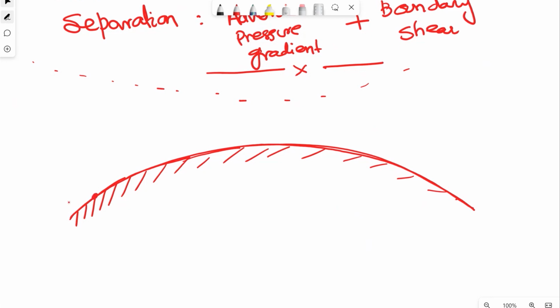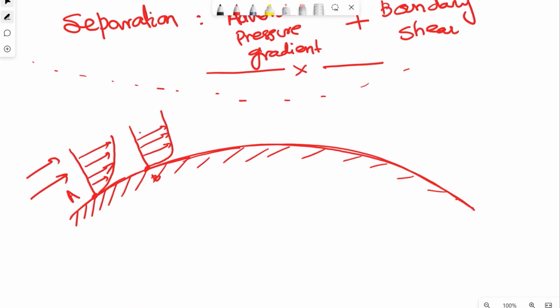If I take a point A here, this is how the flow is. If I see how the velocity distribution is, this is how the velocity is. Then if I go to another point B, it is becoming almost uniform.